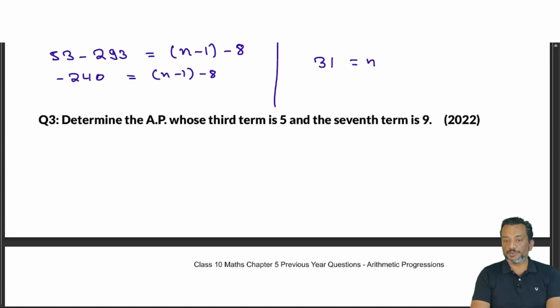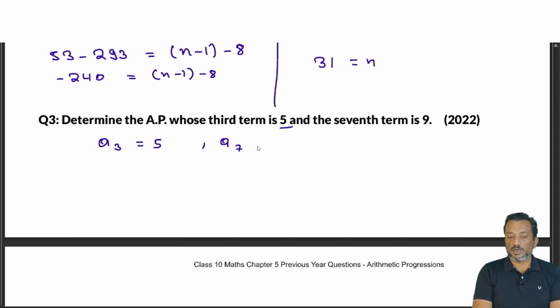Now the last question of 2022: determine an AP whose third term is 5 and seventh term is 9. Again a similar question. So we can say A3 is equal to 5 and A7 is equal to 9. Simple, you have to use the linear equation method to solve.